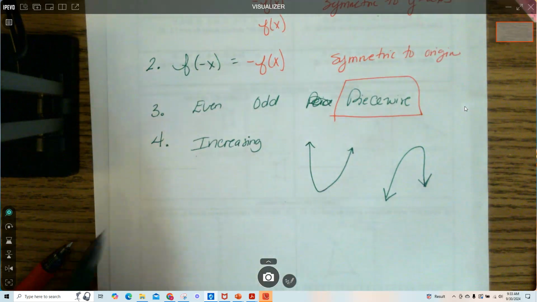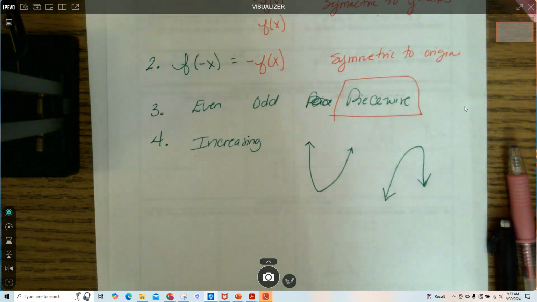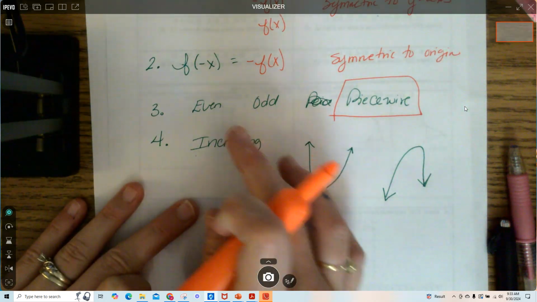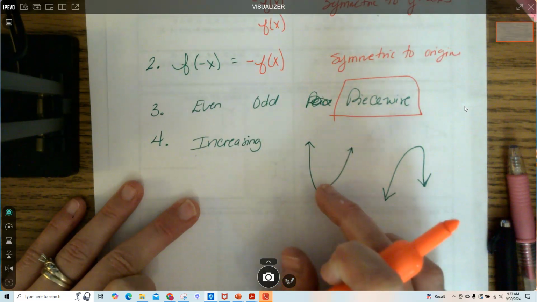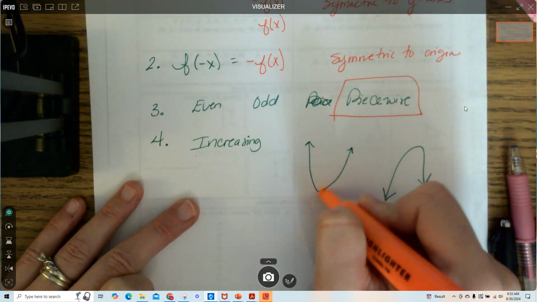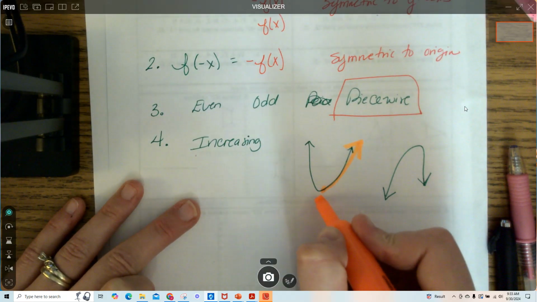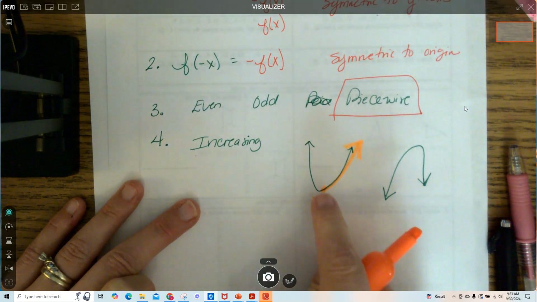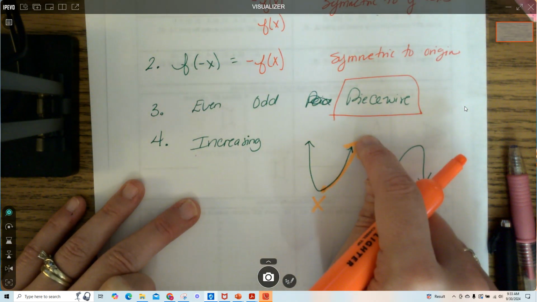Okay, so increasing is where the y's are getting bigger, where the y values increase. You always move from left to right, so in this direction. So from your vertex to infinity, whatever the x value of your vertex is, that's the interval of increase from that point to infinity.